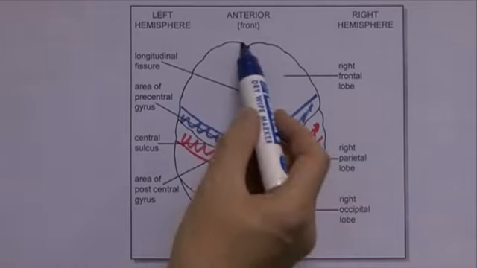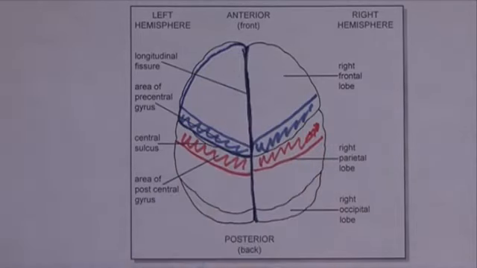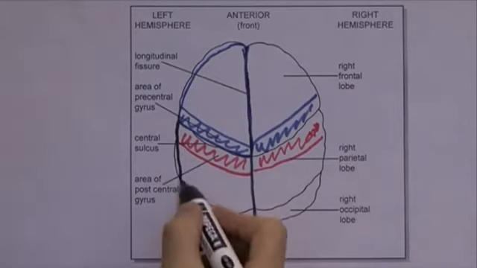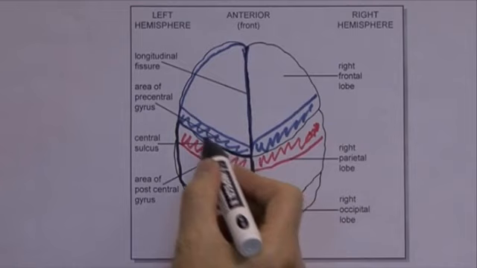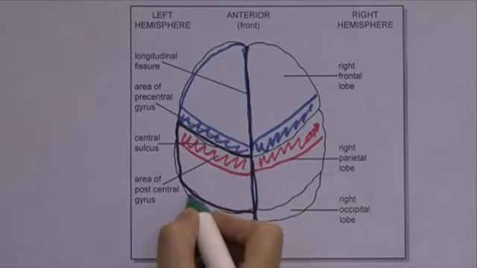So we've got the area of the frontal lobe here, then the area of the parietal lobe here, and the occipital lobe at the back. That is the view from on top.